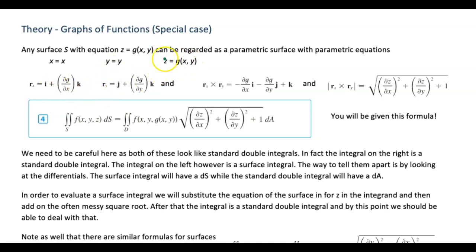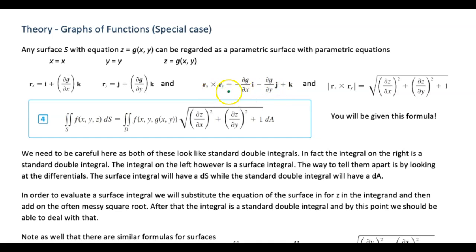And then the derivative of z with respect to x is just going to be the derivative of this function, which is why we have the partial of g with respect to x. That's our k component, so just the derivative of this with respect to x. Same idea with the y here. So we get these two equations.